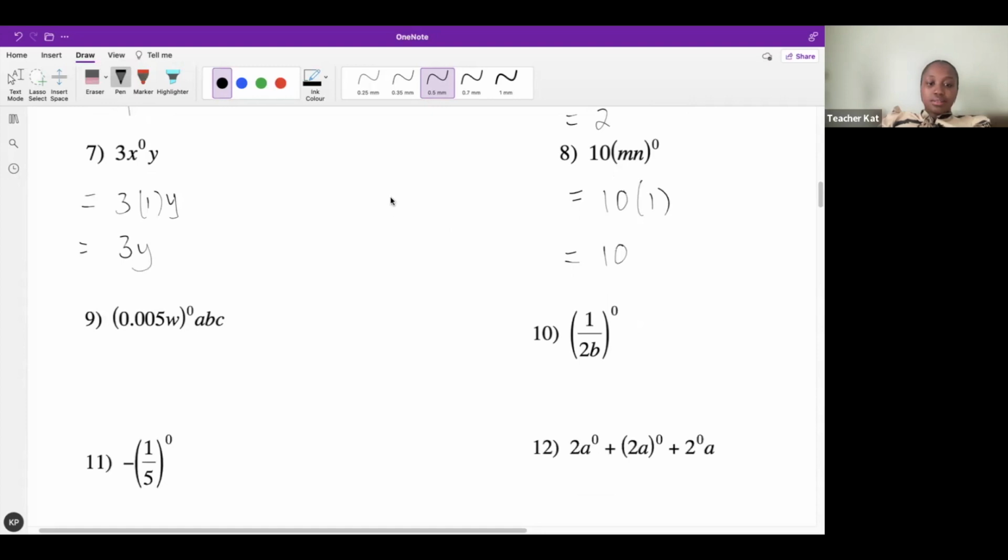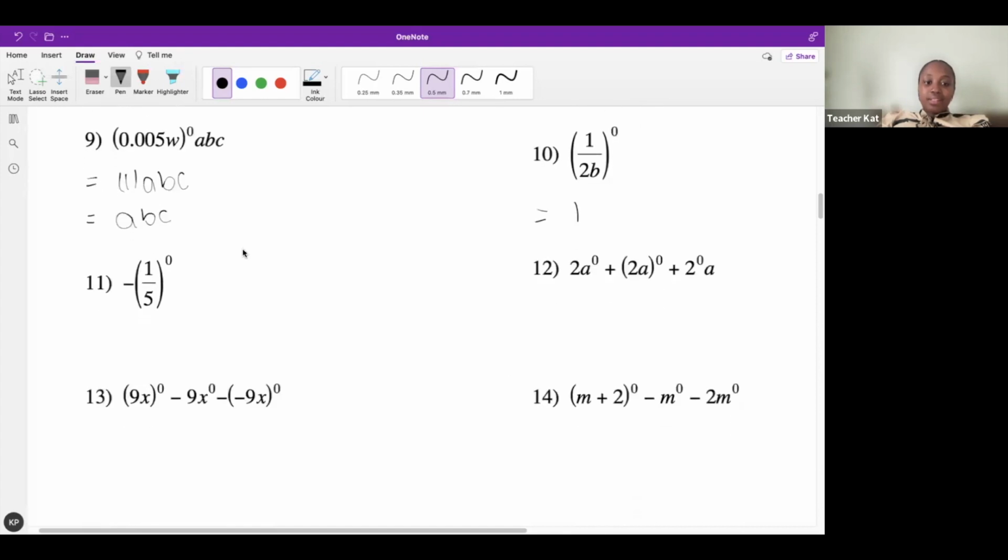Number 9, A, B, C. So this whole bracket will be equal to 1 times A, B, C. And this will give me A, B, C. Number 10, 1. Because everything is to the power of 0. Number 11.